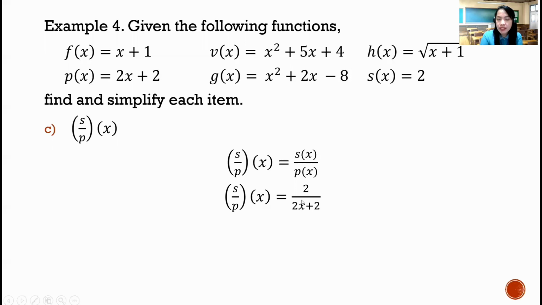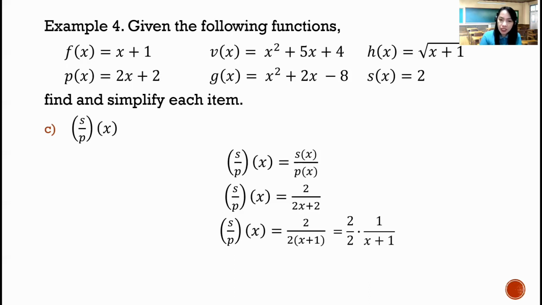Since here, kung mapapansin ninyo, ang mga numerong nakalagay ay 2 sa dividend at sa divisor naman, may coefficients na 2 and then may 2. So, ibig sabihin, ang common ay positive 2. So that can be equal to 2 divided by 2 times the quantity x plus 1. So pwede nating i-divide yung 2 and 2.